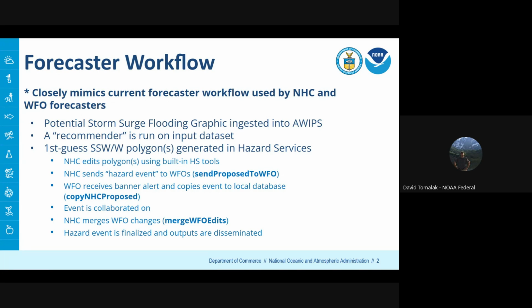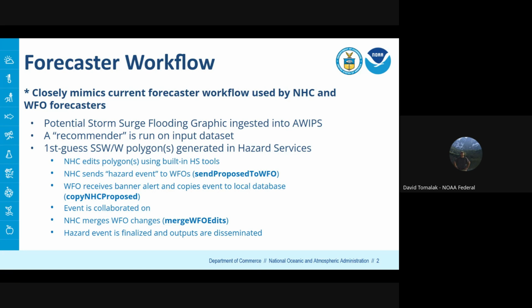The National Hurricane Center then sends the hazard event to the WFOs that are going to be impacted through a Send Proposed to WFO tool. The WFO receives a banner alert and copies that event into a local database with a tool. The event is collaborated on, and then the National Hurricane Center merges the WFO changes with a tool called Merge WFO Edits, and the hazard event is finalized and outputs are disseminated.